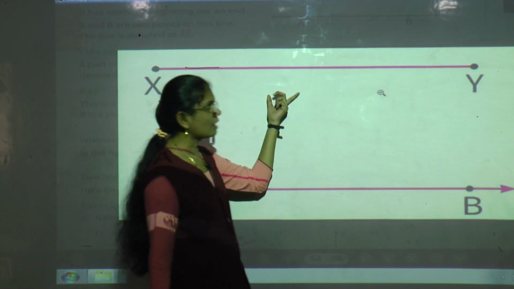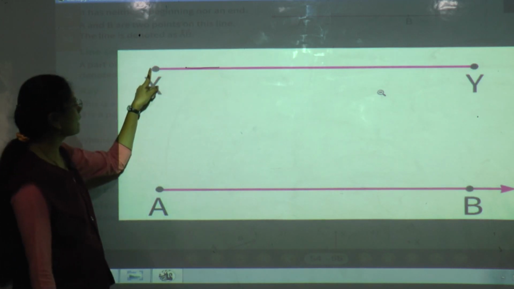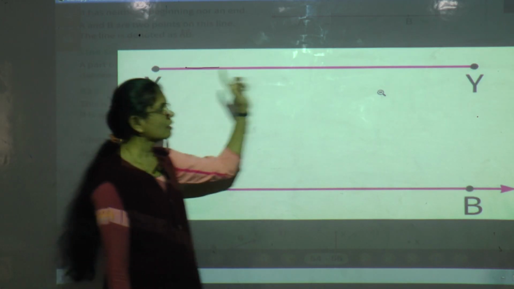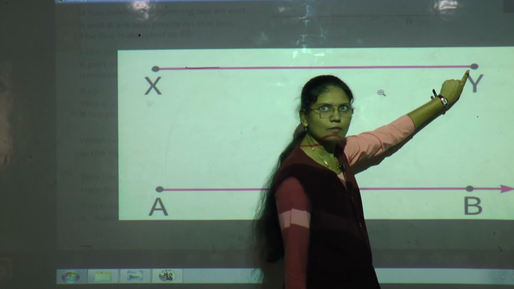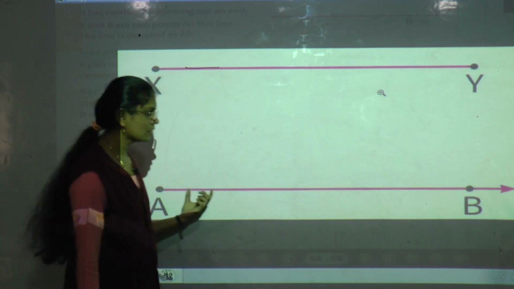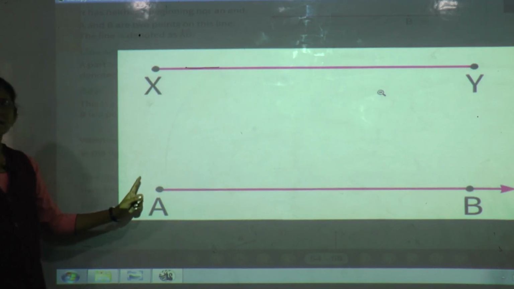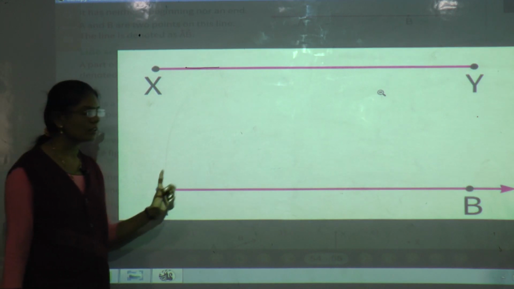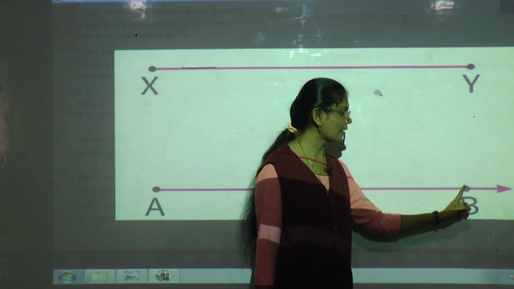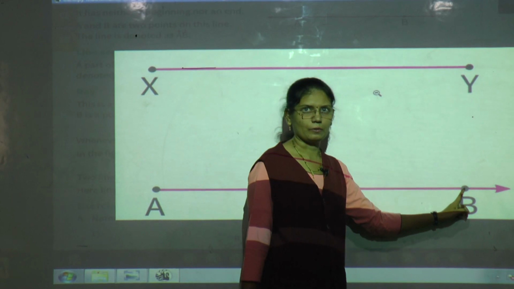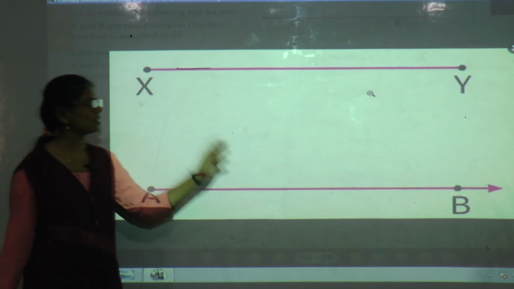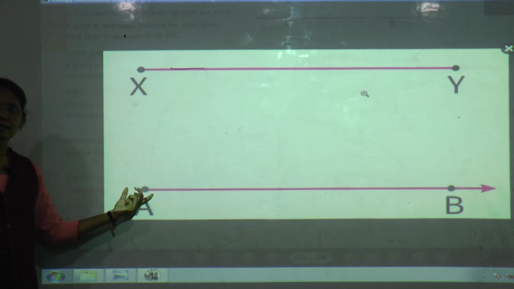If we see the line segment, it has a beginning point and an end point also. But if we see the ray, it has a starting point but it doesn't have an end point. Okay, so this is the difference between line segment and ray.